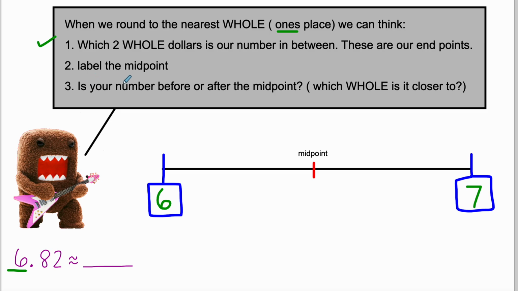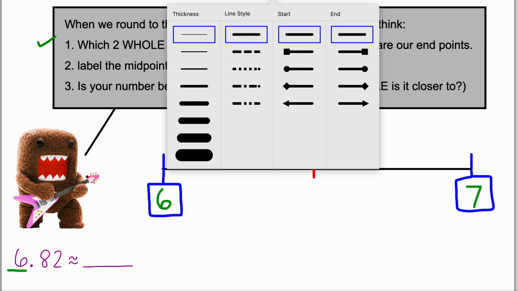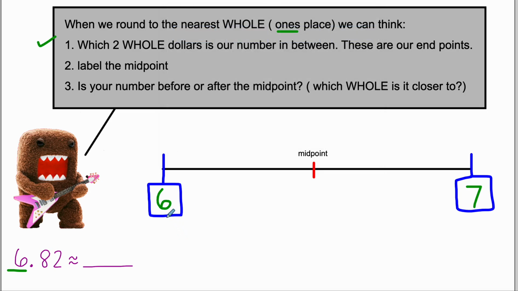Next, label our midpoint. Before I do that, I might want to think, all right, 6 wholes is kind of like $6. 7 wholes is $7. And what's smack dab in the middle? $6.50. And then we can think, okay, our target number, 6 and 82 hundredths, $6.82. Is it before our midpoint, on our midpoint, or after our midpoint?